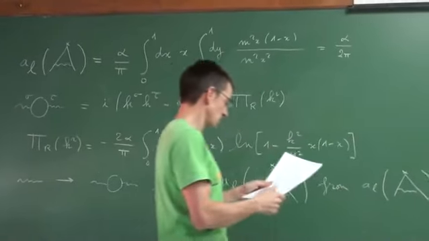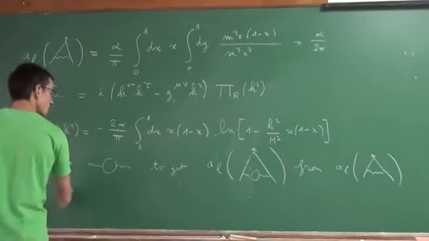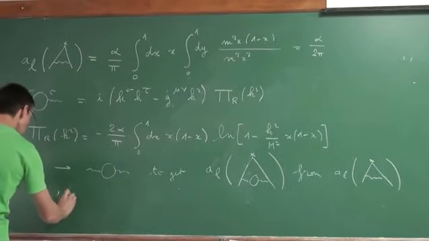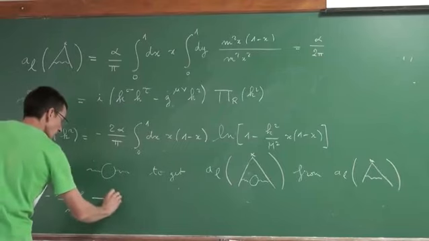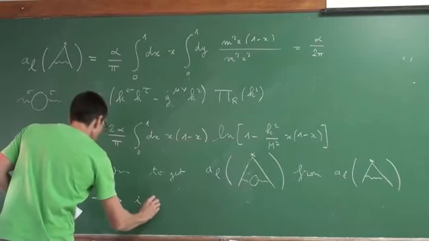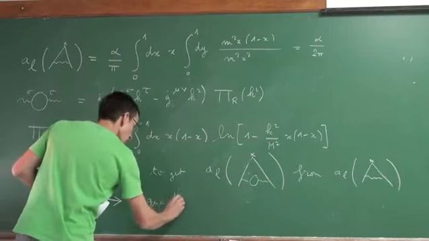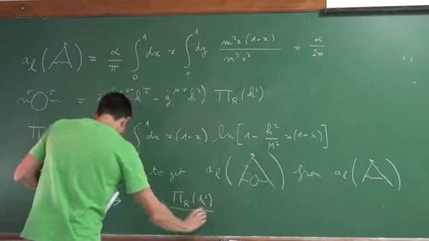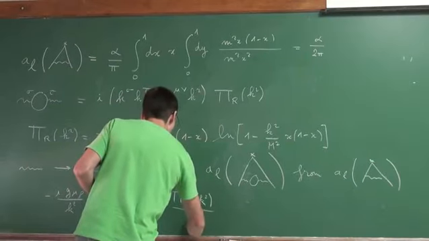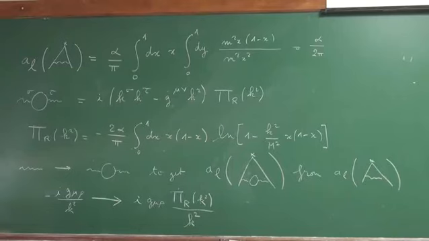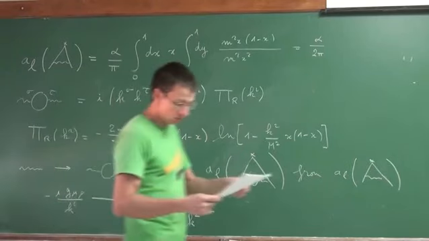You replace this by normalized Pi over k square. Remember this? So this is what we are going to do now.